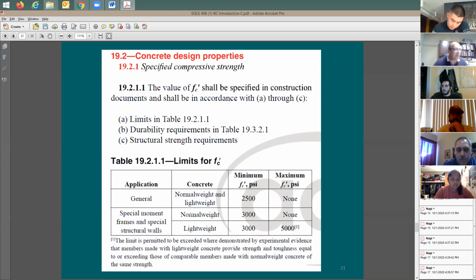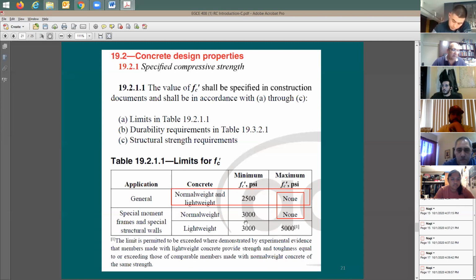When you have normal weight concrete, there it is. How about 10,000? For lightweight, no limit if you're doing gravity. If you're doing seismic, it's going to be 5,000 as the maximum.